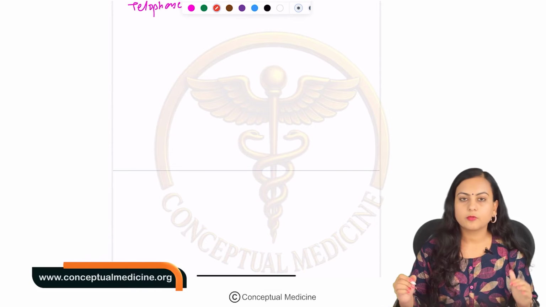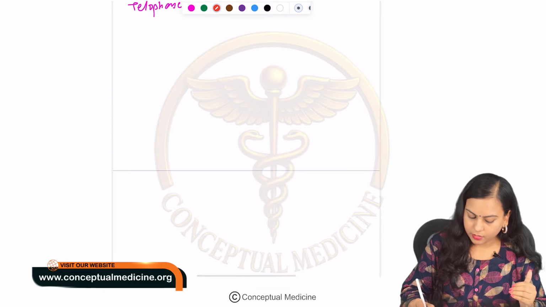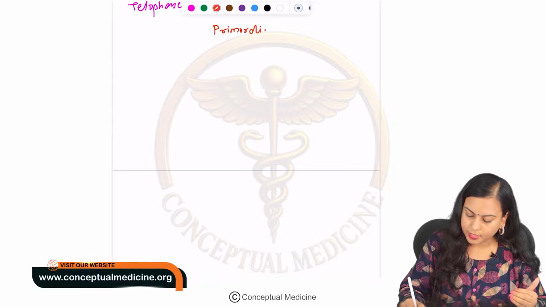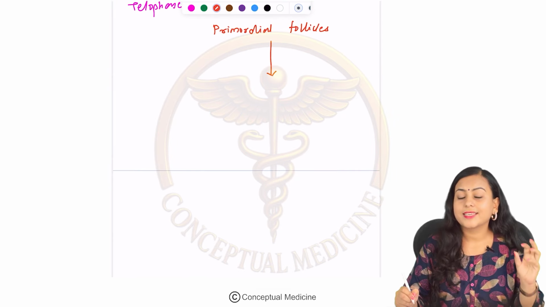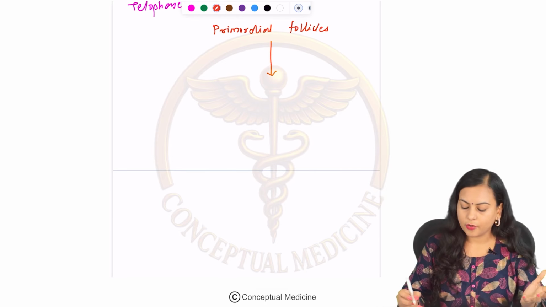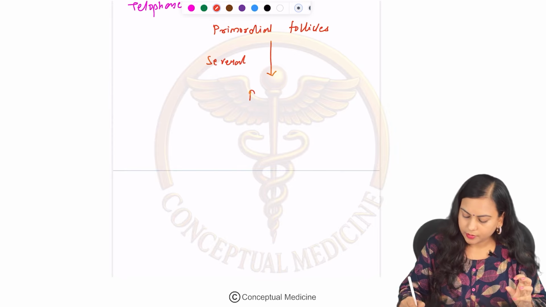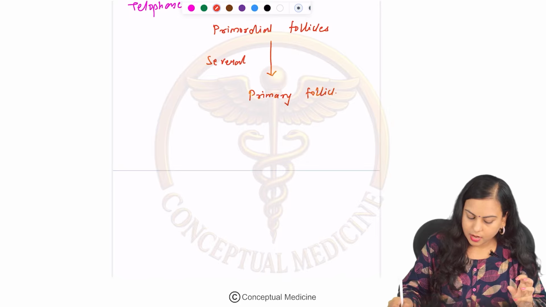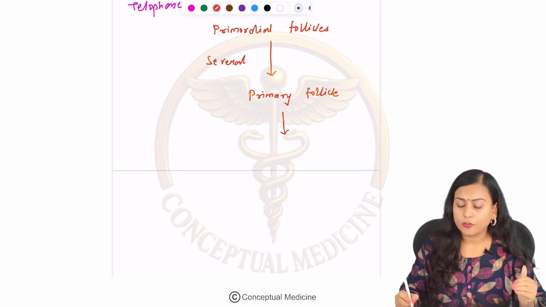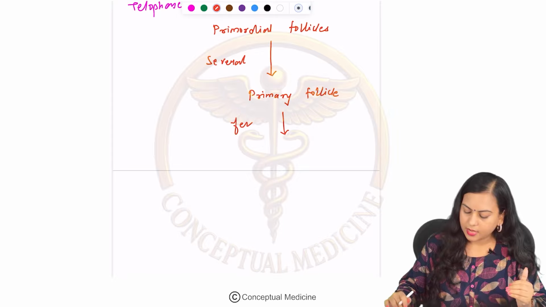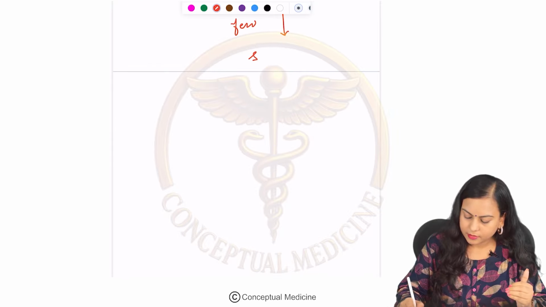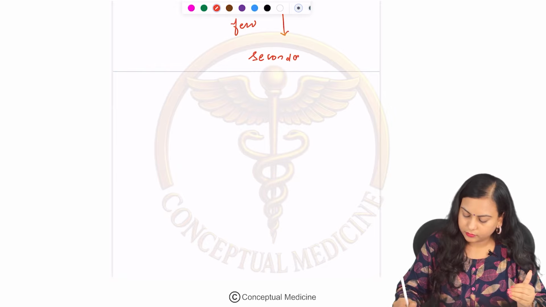Now, during puberty what happens? We'll have so many primordial follicles first, and among these primordial follicles, several will be selected and go into primary follicular development, and among the primary follicles, a few will be selected and become the secondary follicle.